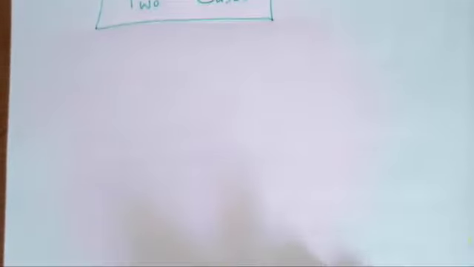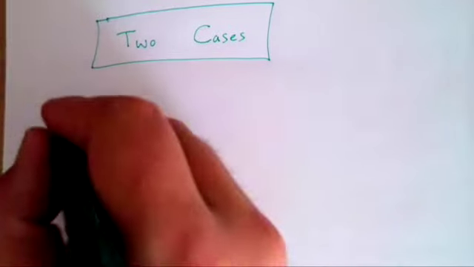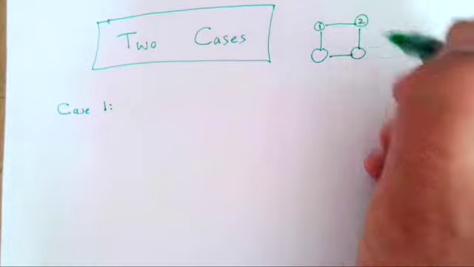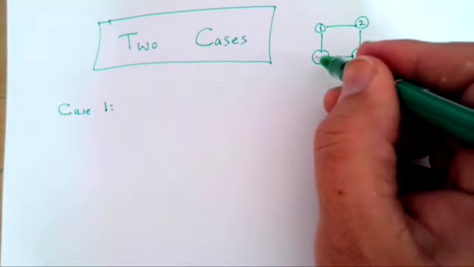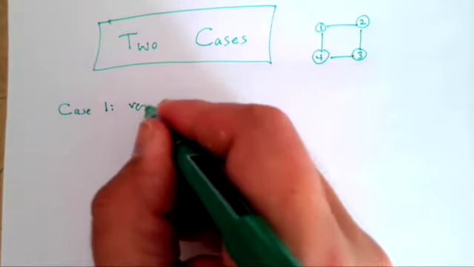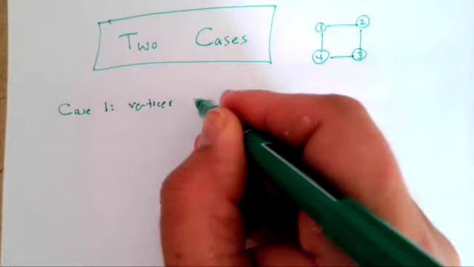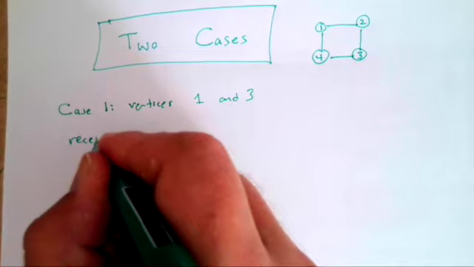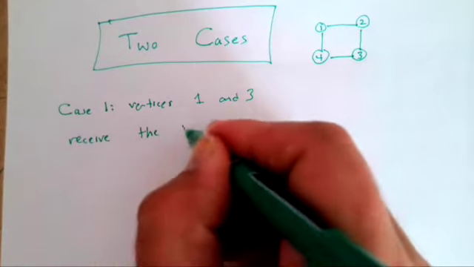So there are 2 cases to consider. Lots of times it helps to break our problem up into 2 cases. If we label the vertices 1, 2, 3, 4, the first case is that vertices 1 and 3 receive the same color.